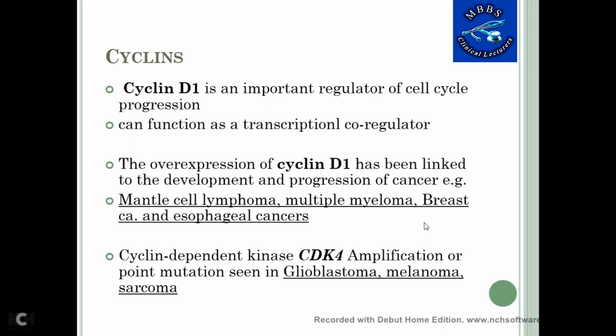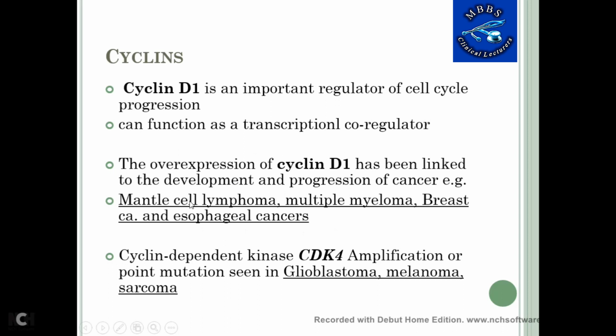Now, there are certain cell cycle regulators also, especially cyclin D1, which is an important regulator of the cell cycle. Recall the background where I told you how many stages there are in the cell cycle, and cyclin D1 is one of the important cell cycle regulators. So if the regulator is overexpressed, like cyclin D1, it definitely is going to cause development of cancer.